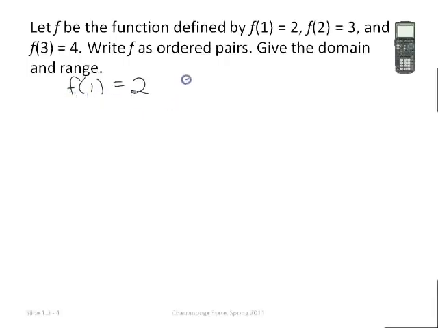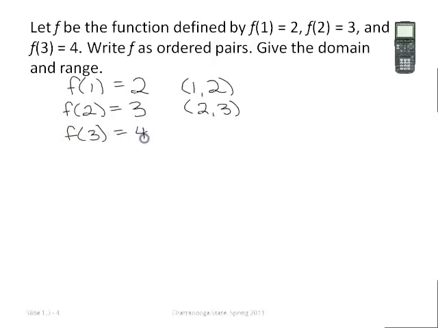That's the ordered pair, where x is 1 and the y is 2. f of 2 equals 3. So that means the ordered pair (2, 3) is in this function. And then f of 3 is 4. So that means the ordered pair (3, 4) is part of this function.